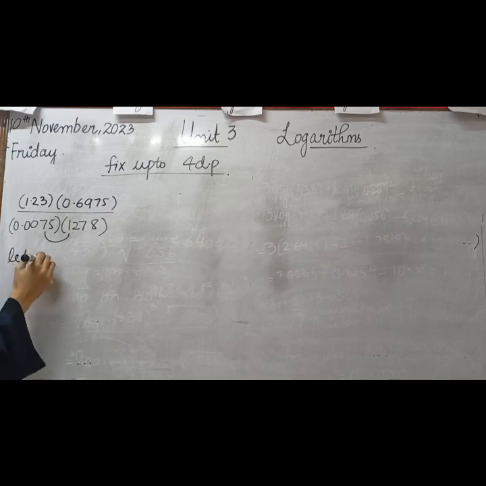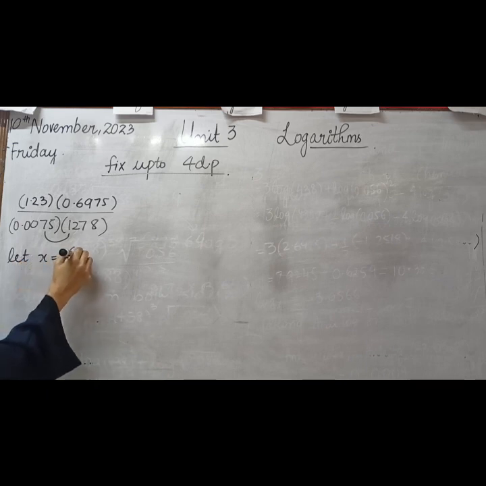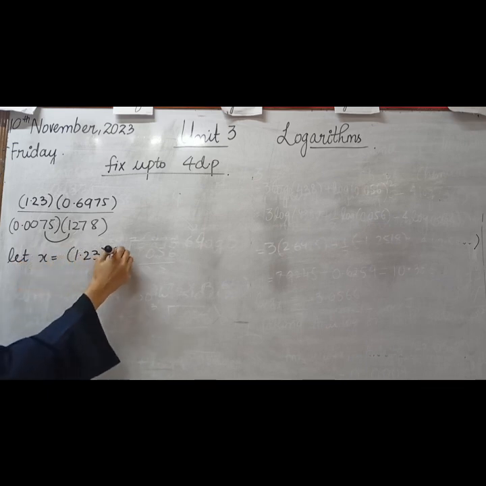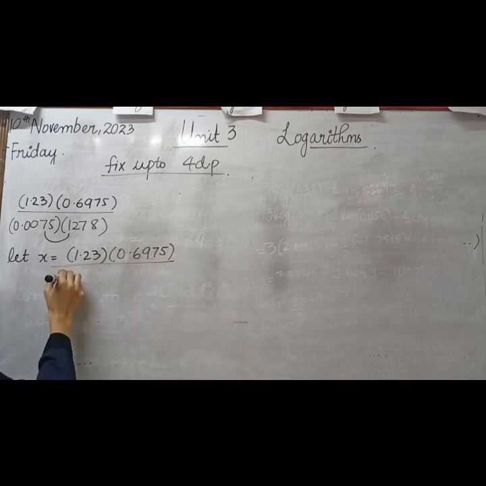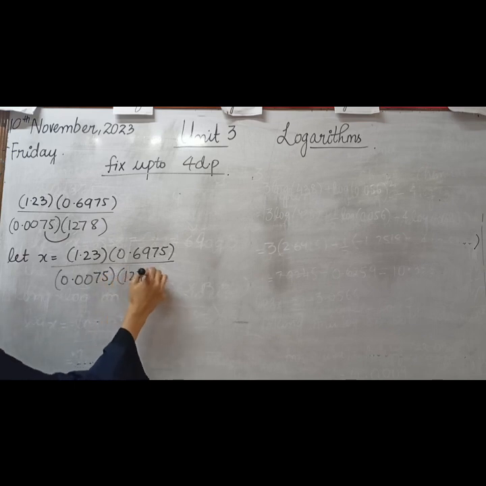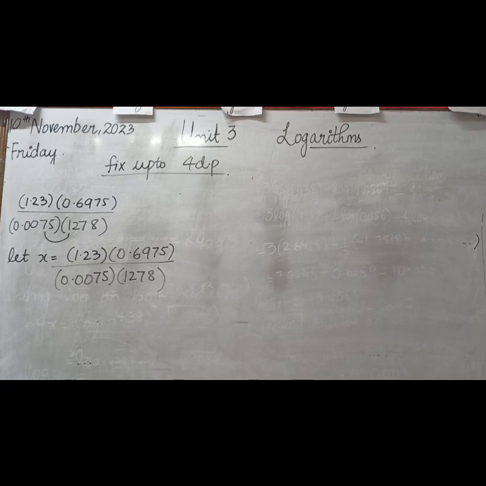First step will be, let x is equal to 1.23 into 0.6975 over 0.0075 into 1278. Next step is to take log on both sides.